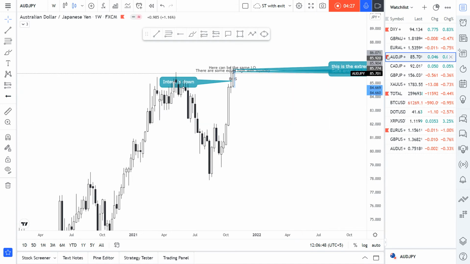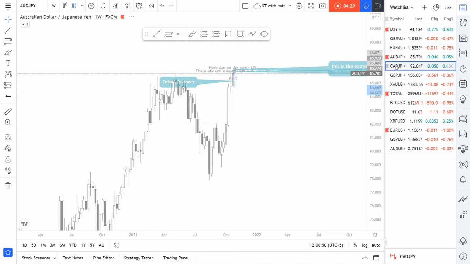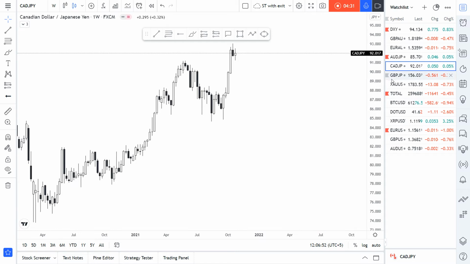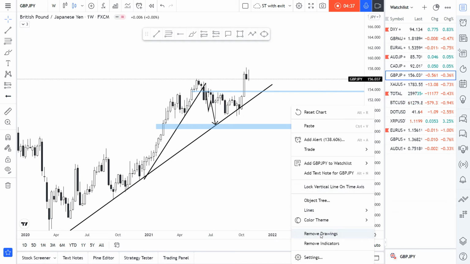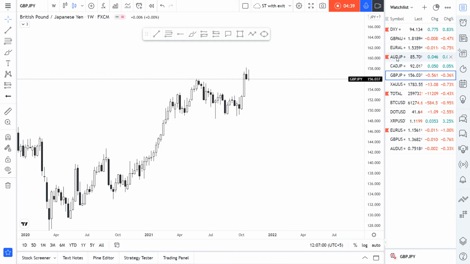Okay, guys, talking about AUD JPY, CAD JPY, and GBP JPY, they are all similar over here.